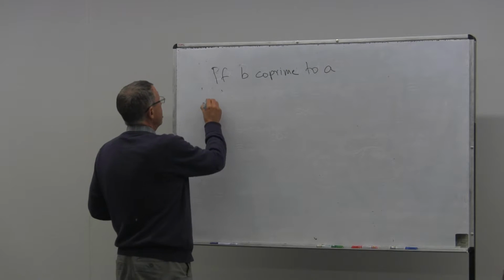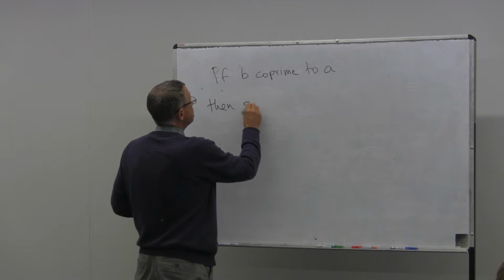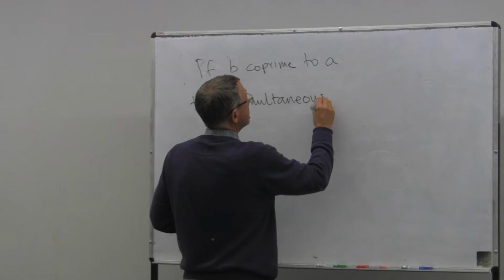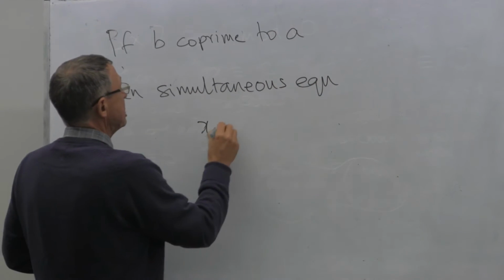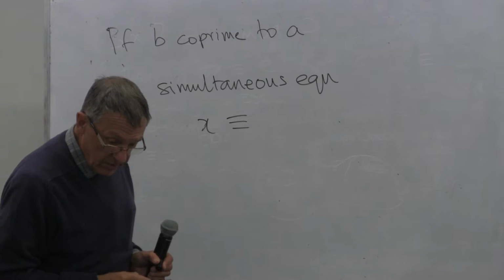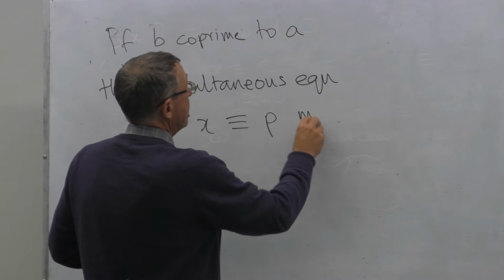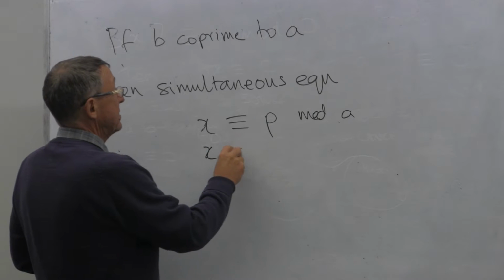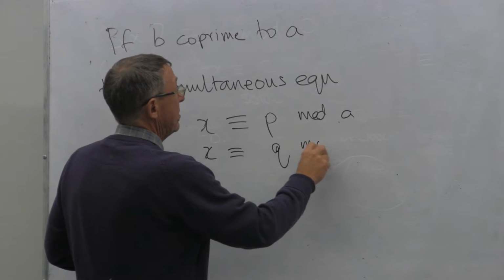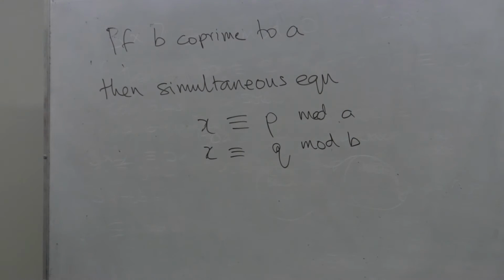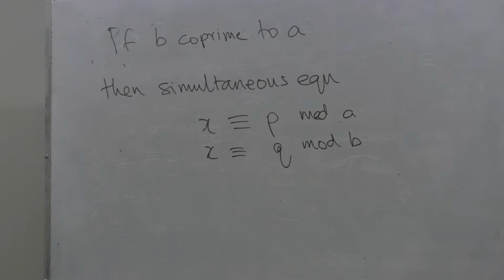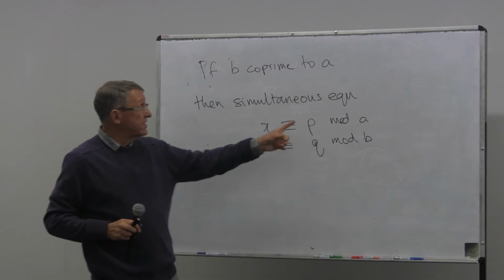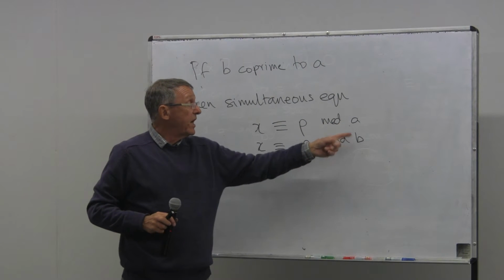If B is co-prime to A, then the simultaneous equations x congruent to some number, doesn't really matter what I call it, P, mod A, and x, the same x, congruent to Q mod B. So two equations in one unknown can be solved simultaneously. It doesn't matter what the right-hand sides are, provided that the two moduli are co-prime.